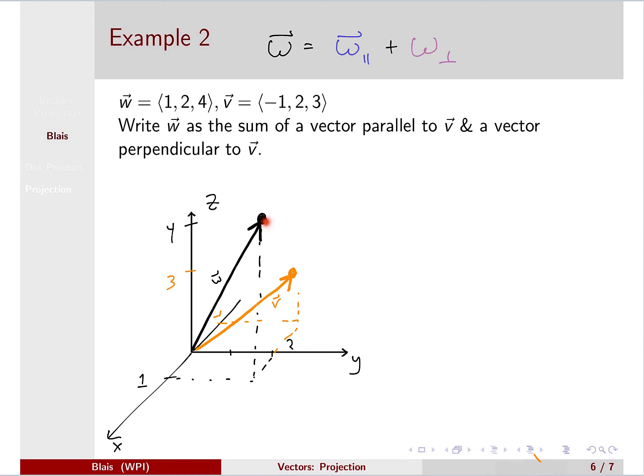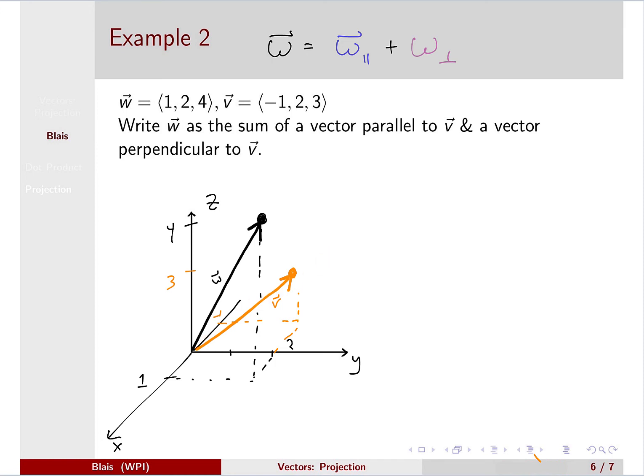And we now want to think about projecting. First step will be to project w onto v. And the reason for that is to find w parallel. Well, the vector projection of w onto v is by definition parallel to v. It's a vector in the same direction.